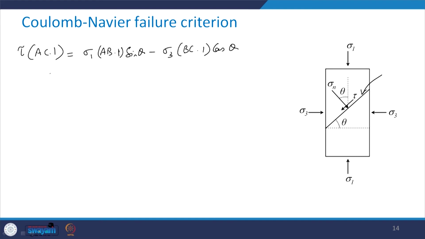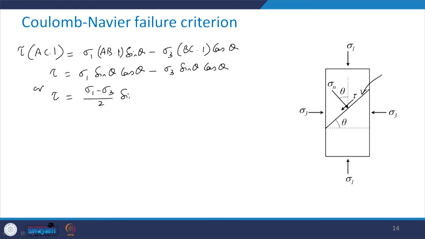So from here I will get tau is equal to sigma 1 sine theta cos theta minus sigma 3 sine theta cos theta, or tau can be written as sigma 1 minus sigma 3 upon 2 into sine of 2 theta.